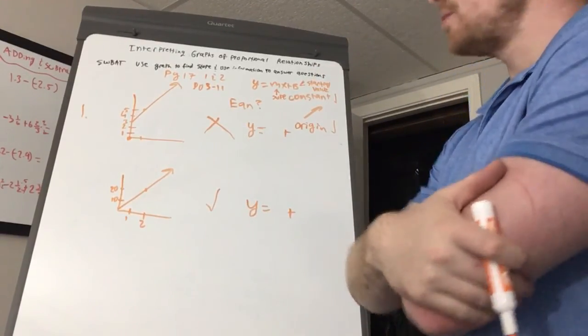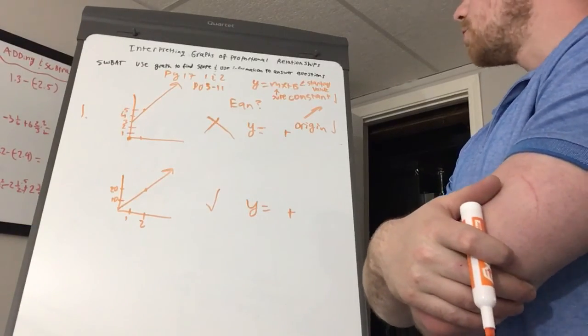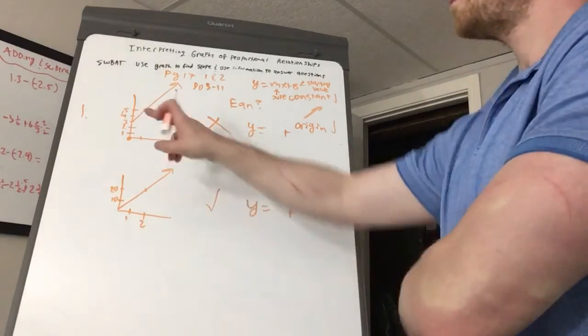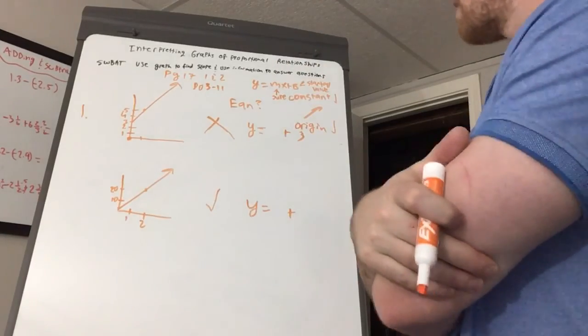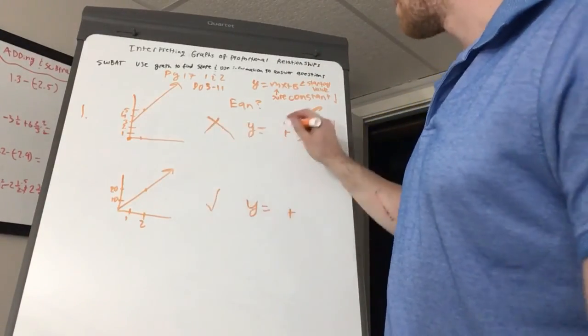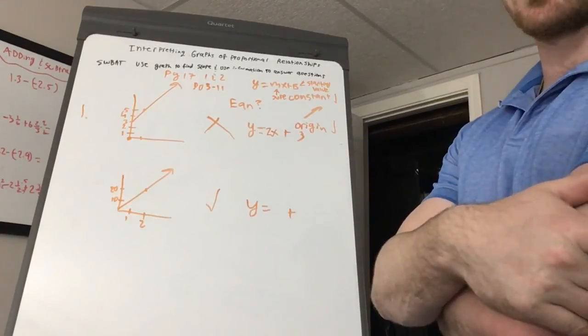So now we're literally just going to write the equation. Where do you start? Well, you start at 3. So put 3 there. Done. Now, the last thing to say, how much did it go up? Well, it went up 2 and over 1. So this equation is y equals 2x plus 3.